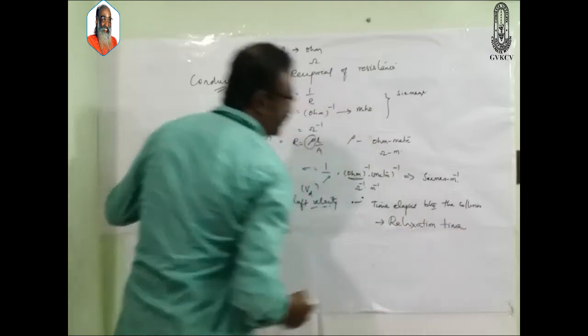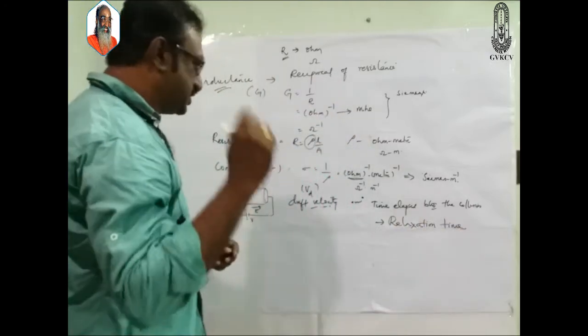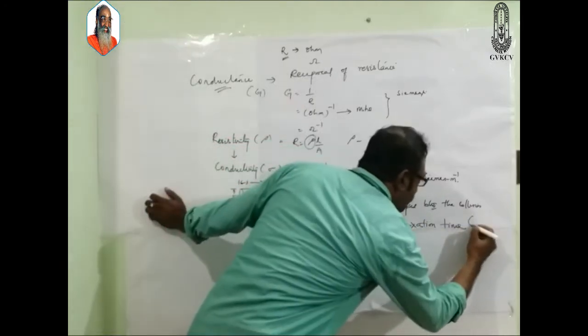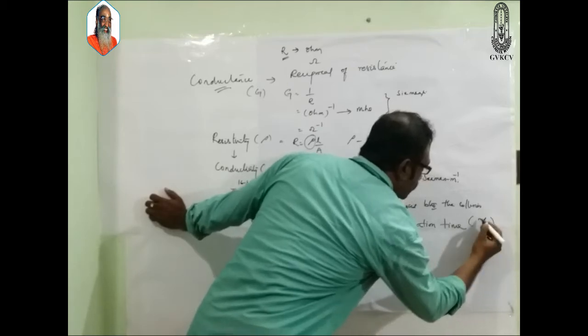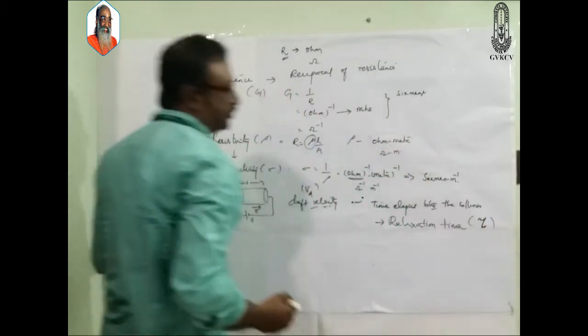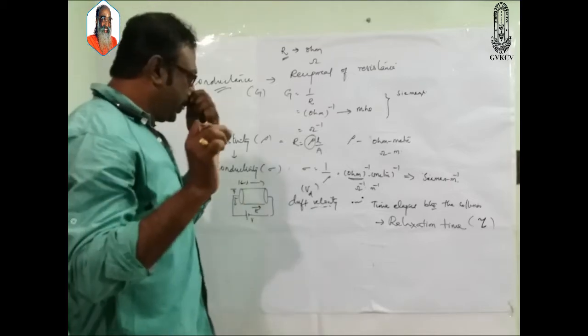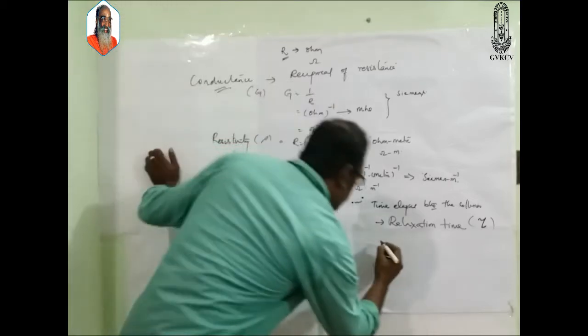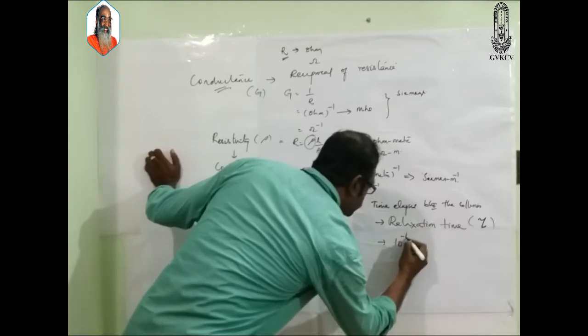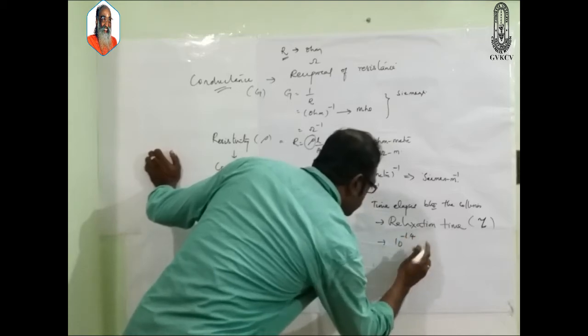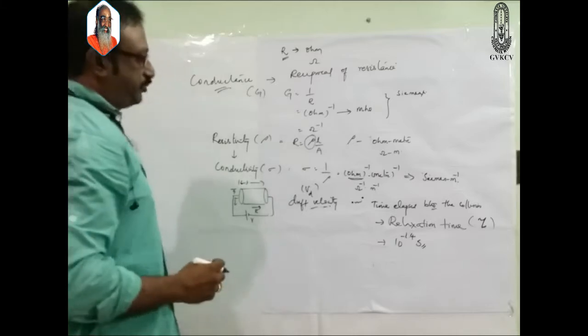It is denoted by the Greek letter tau, T-A-U, and it will be in the order of 10 power minus 14 seconds.